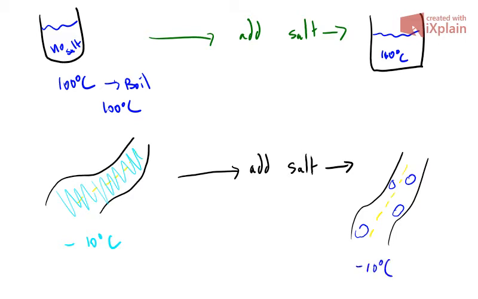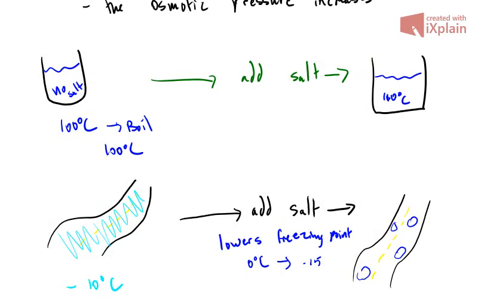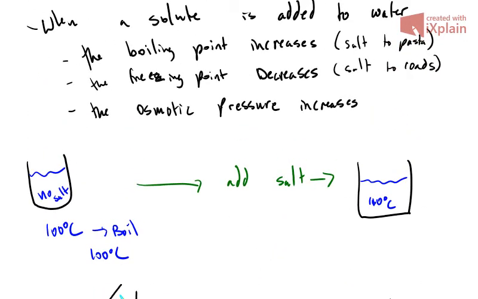So it lowers the freezing point from, say, 0 degrees Celsius to like negative 15, so that the ice that is at negative 10 is no longer ice. It is now liquid at negative 10 degrees Celsius. And now we don't have to worry about slip sliding on the roads. That is the whole reason we put salt on the roads.